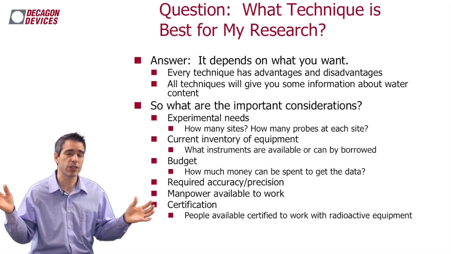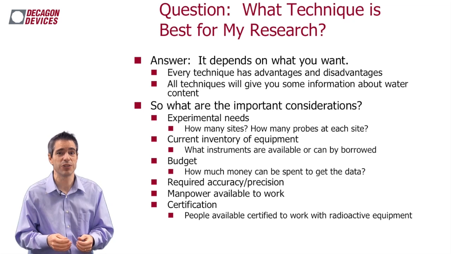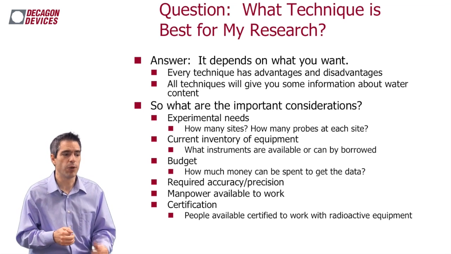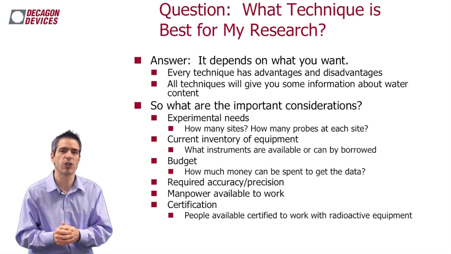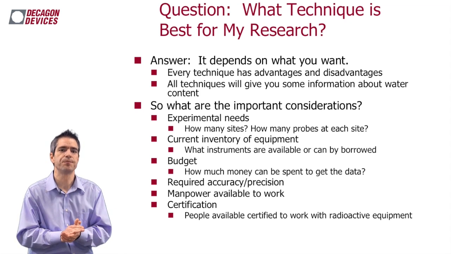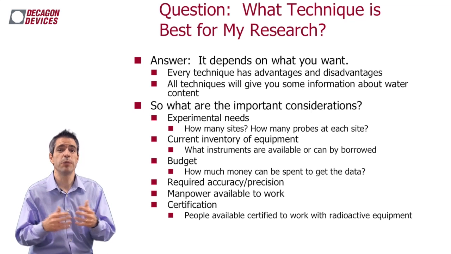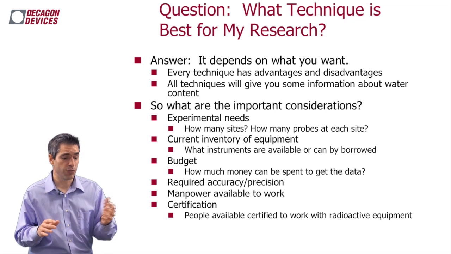If you're just wanting relative values of water content, there actually are a lot of ways you can do that and not spend very much money at all. Maybe make your own. But in most cases, we actually want good values of water content that are reportable in the literature and have a reasonable amount of accuracy. Another question for you to ask is, what people power do you have to actually go do the measurement?